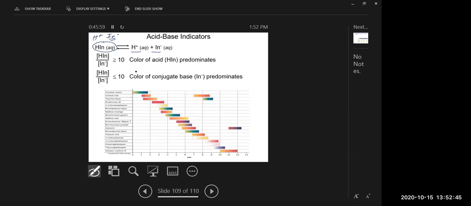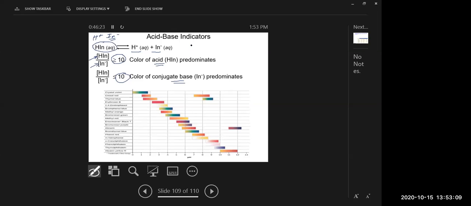Depending on the ratio of the protonated indicator to the deprotonated indicator, if it is greater than or equal to 10, we will typically see the acid color of that indicator. If it is less than 10, we typically will see the base color of that indicator.